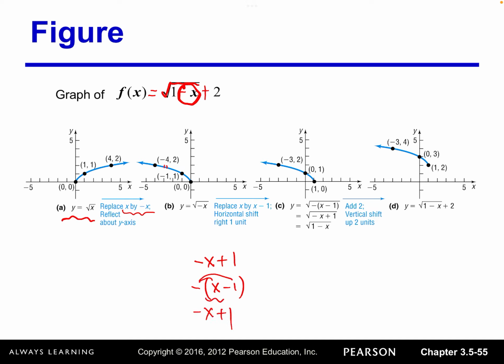So actually it's the negative of x minus 1 in the parentheses, so we need to replace x by x minus 1. So another horizontal. Plus minus is a shift, right? So replacing x by x minus 1 is horizontally shifting to the right-hand side 1 unit. That's the graph. And then finally, outside the function plus 2, that's vertically shifting up 2 units. That's how we got the final graph.